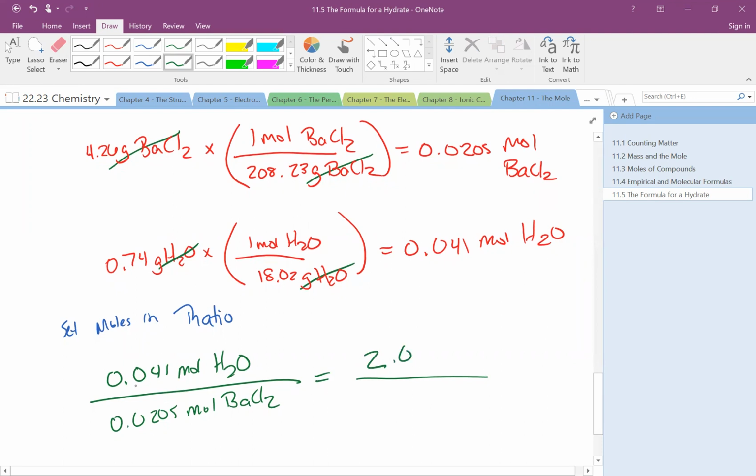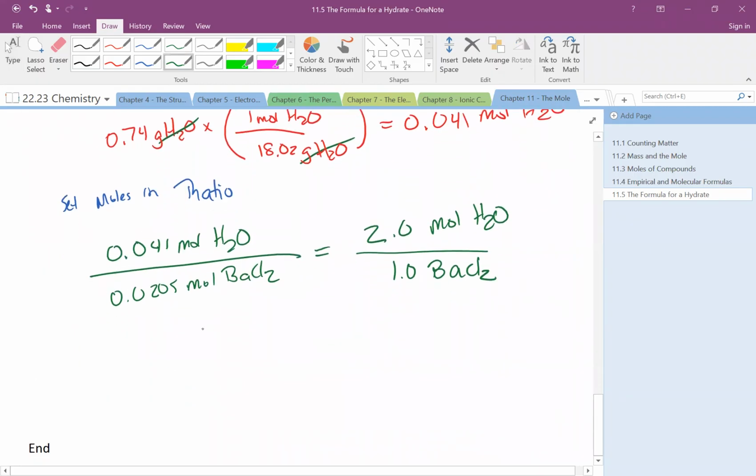And of course, a whole number can be expressed as a fraction, 2 over 1, right? So remember that from your math class. So for every 1 mole of BaCl2 I will have 2 moles of water.